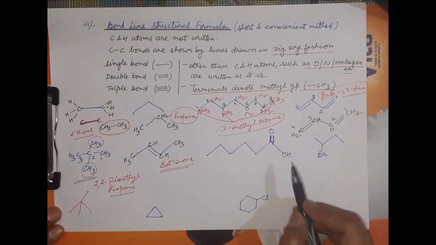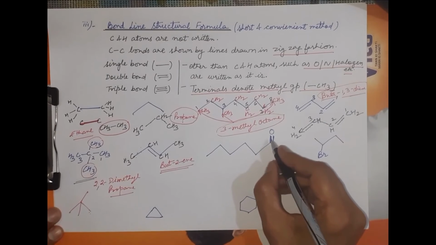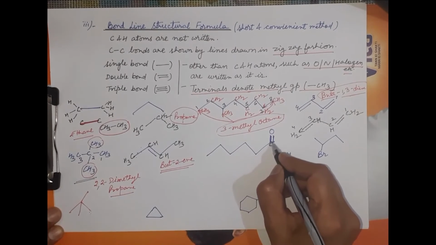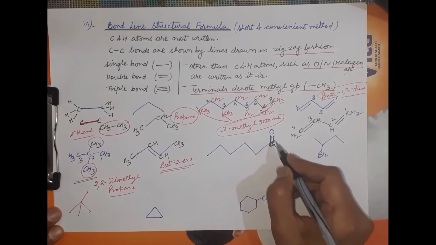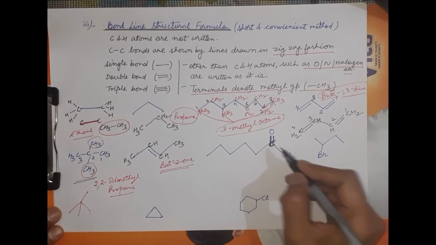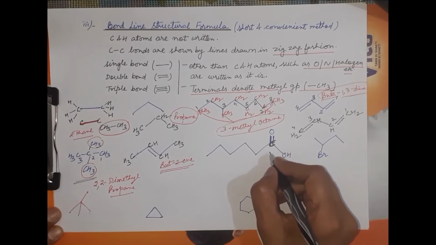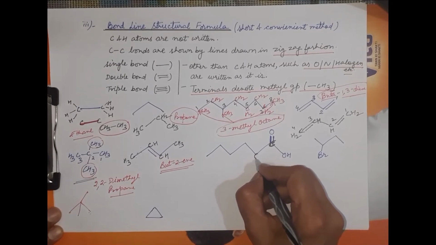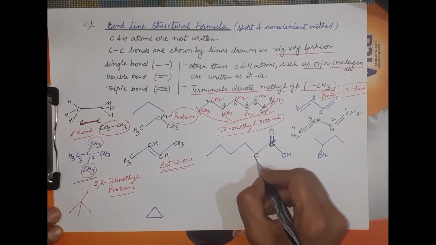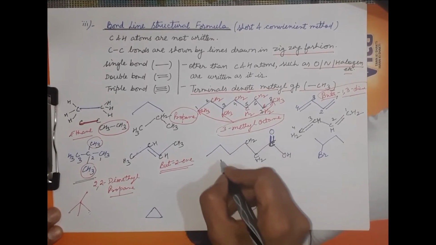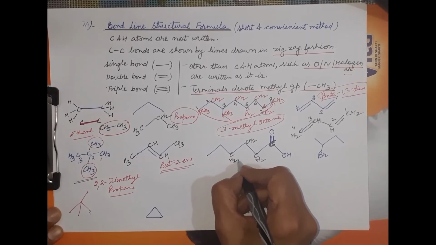Now, let us see this example. So, here one functional group is there. So this is C and OOH. So this is the carboxylic acid group. And then here this carbon will be CH2. This carbon will be CH2. This will also be CH2.